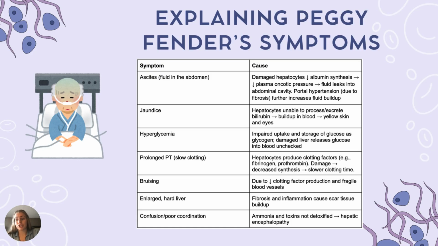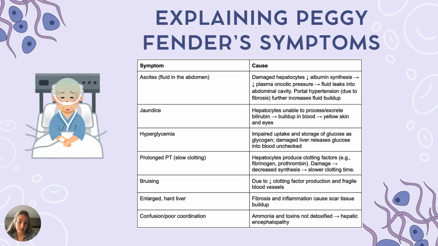And then her jaundice is from bilirubin buildup because the liver can't process it. The hepatocytes are unable to excrete the bilirubin, which causes a buildup in the blood, and that causes the yellowing of the skin and the eyes. Next is her hyperglycemia.